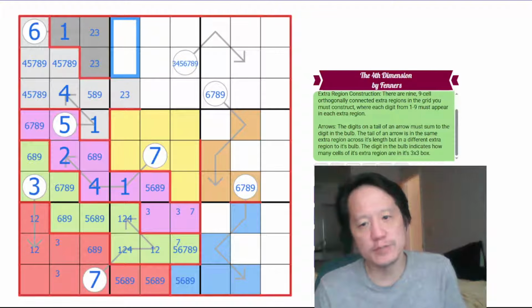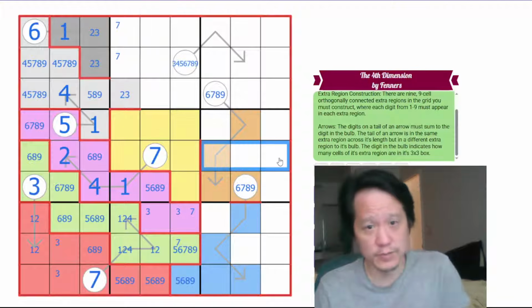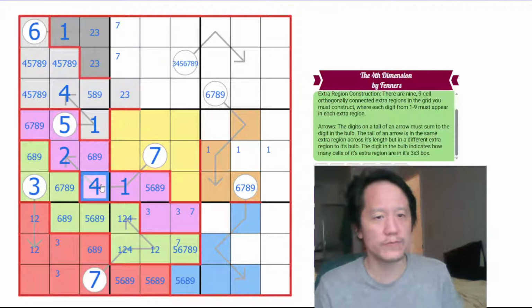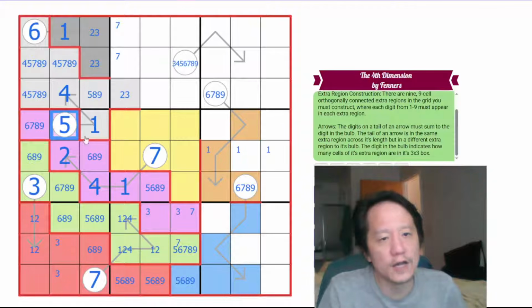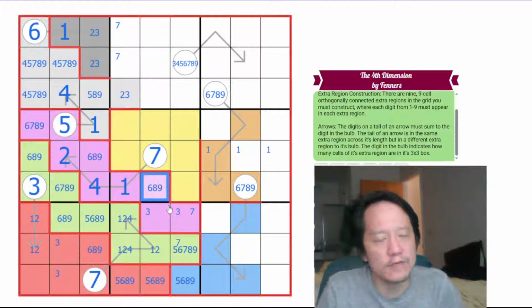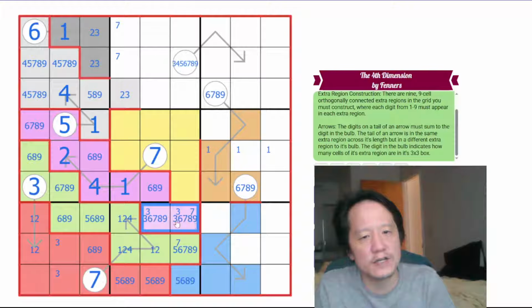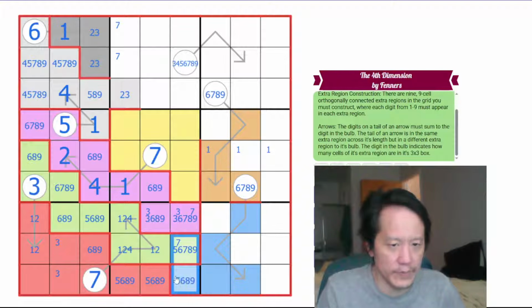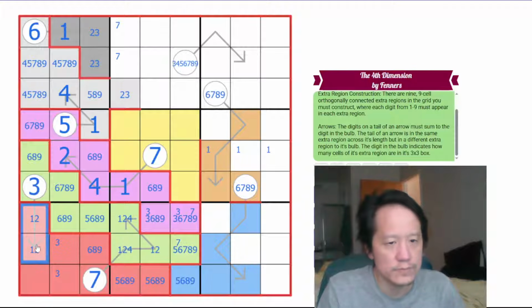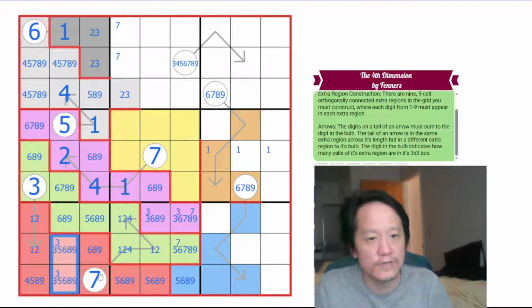So 7 has to be one of these digits here. 1 has to be one of these digits here. This 5 means this can't be 5. So this is 3, 6, 7, 8, 9, but 7 can't be here. This is 3, 4, 5, 6, 8, 9, but this can't be 3 or 6. This can't be 4 or 5.